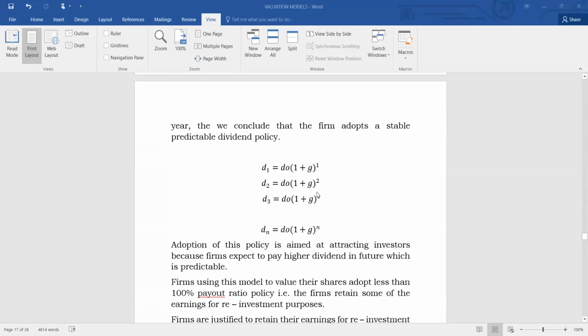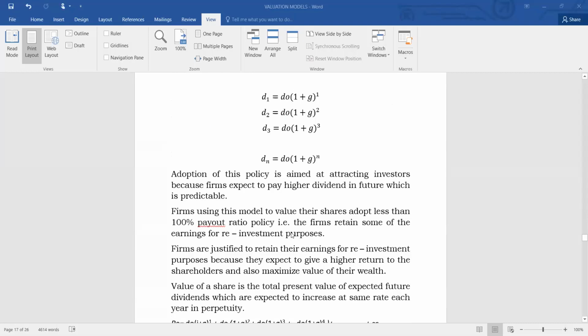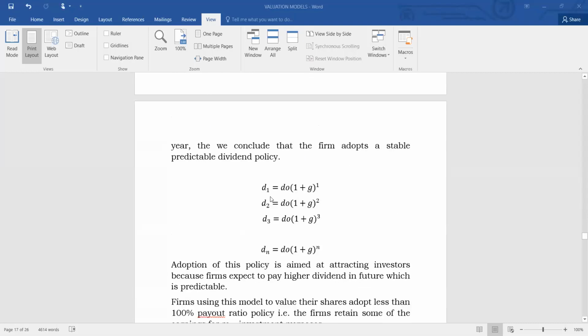I tried deriving this model here. Dividend payable in a year's time from now is D0 (1 plus g). Dividend payable in 2 years' time is D0 (1 plus g) raised to the power of 2. Dividend payable in 3 years' time, and this goes on up to infinity. Here I should have said infinity, not n.